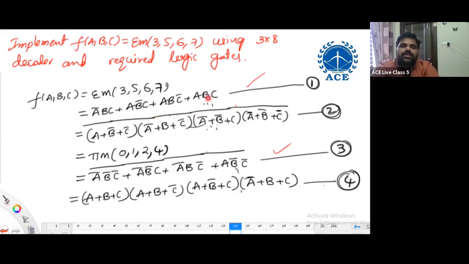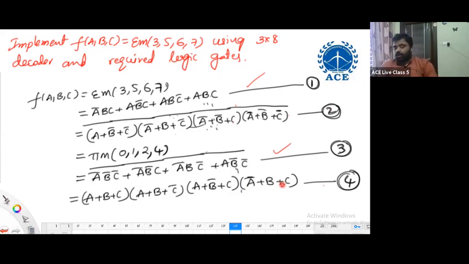Once again, equation number 1 is an OR gate, equation number 2 is a NAND gate, equation number 3 is a NOR gate, equation number 4 is an AND gate. When product terms are available, we can implement using an OR gate and also a NOR gate. When we have the sum terms, the equation can be implemented using either a NAND gate or an AND gate.